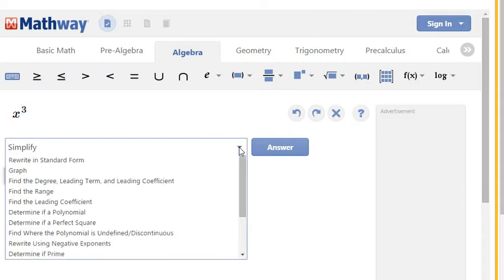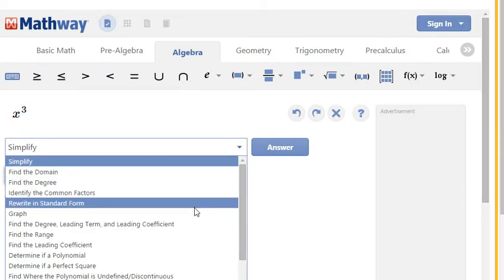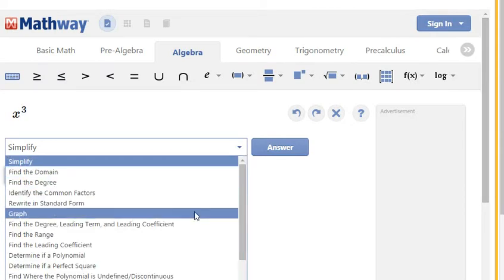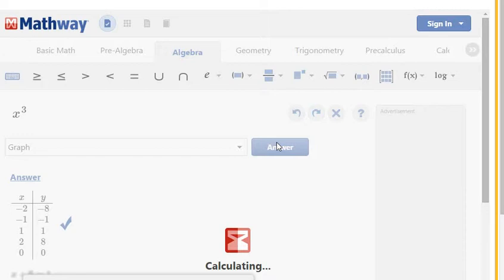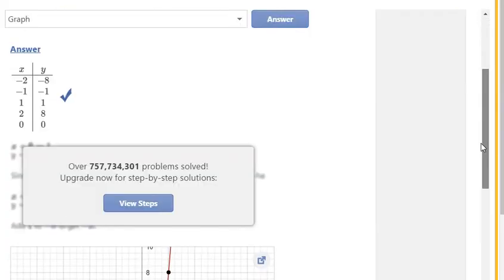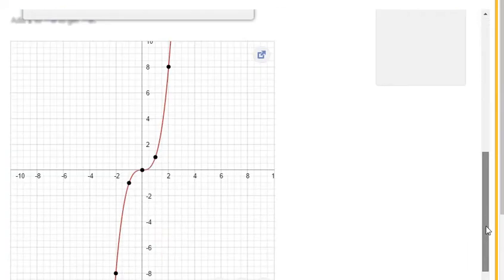And then if I come down here, I can select graph. Notice all the cool things it gives me the option to do. Find the domain, find the degree, find the range, all that stuff, leading coefficient. But we just want to graph it. So I'm going to hit answer. And then it's going to graph it for me. So here's the graph. Okay.